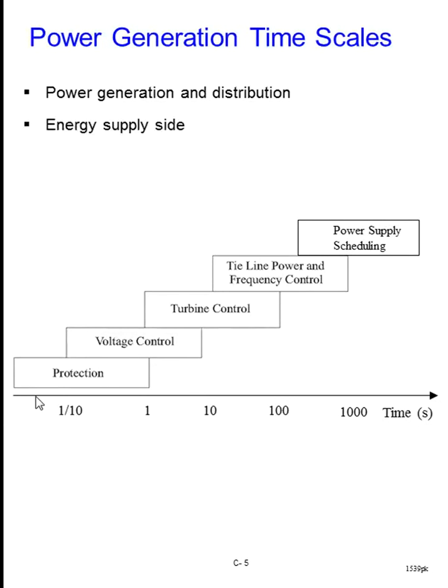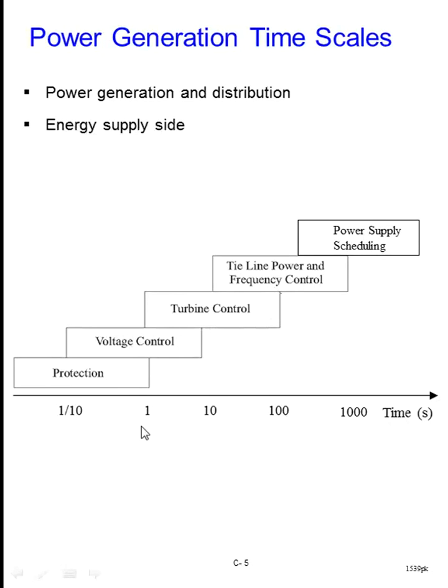And thus the protection against these lightning surges has to be in milliseconds. Then any changes in the load, disturbance, or some kind of fault will lead to voltage control, or maybe load control, in this range of time scale. However, you can see here that power control or frequency control is a little bit slower as compared to the voltage control.